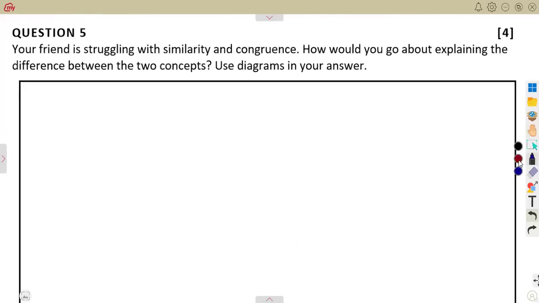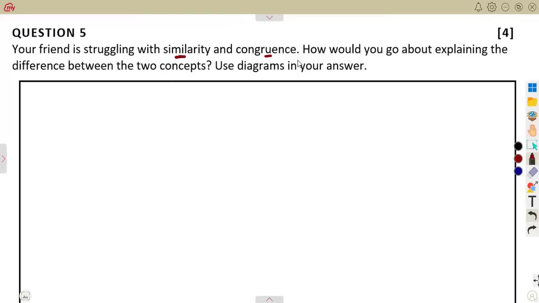Question 5. Your friend is struggling with similarity and congruence. They are saying your friend is having difficulty with similarity and congruence. How would you go about explaining the difference between the two concepts using diagrams in your answer?